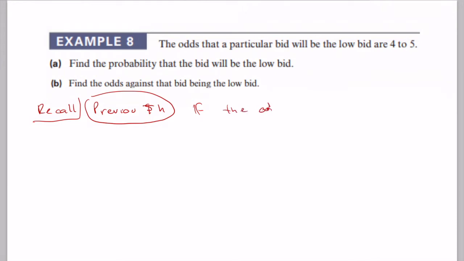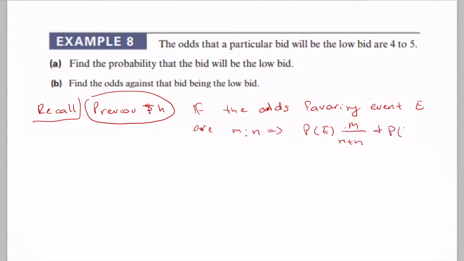If the odds favoring event E are m to n, then the probability of the event is m over m plus n, and the probability of the complement is n over m plus n. Okay?